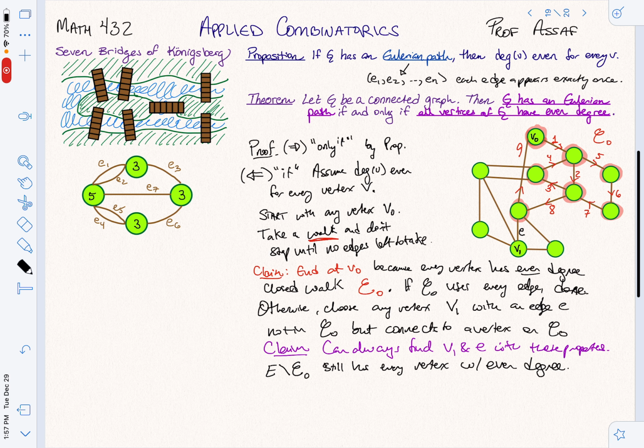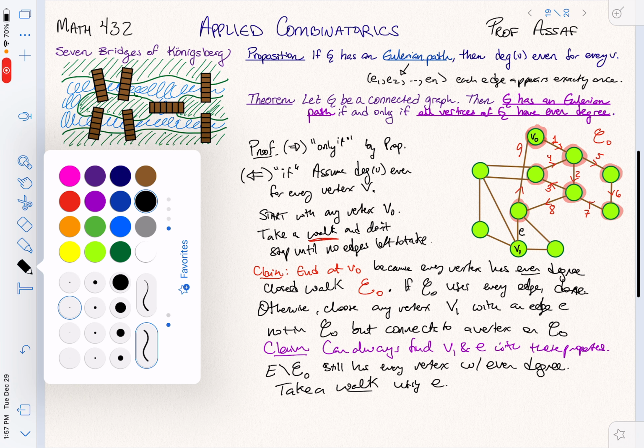Because an even number minus an even number is an even number. And I've taken an even number of edges out for every vertex in C naught. So what I'm left with, every vertex is still going to have even degree. So what does that mean? That means take a walk using E.